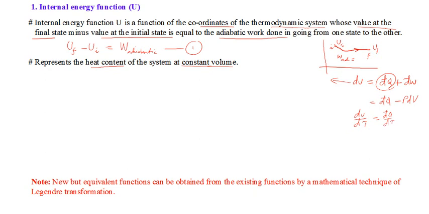If volume is kept constant during any process, then dv will be equal to 0, so this term vanishes. Since I am keeping one variable constant, let me represent this total derivative as a partial derivative: dou u by dou t under constant volume condition, v equal to constant.